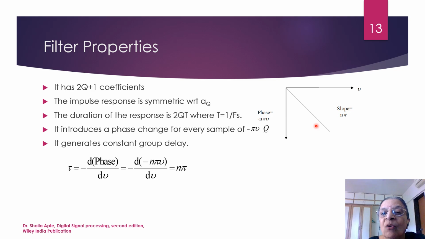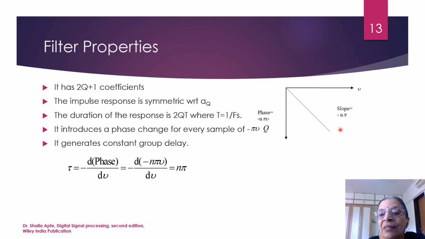So this is called the constant phase property of the FIR filter. Because the phase change is constant for every sample, when I take the derivative with respect to nu, that is what I call the group delay, and it will be constant. So this is also called a linear phase FIR filter, and it has a constant group delay.